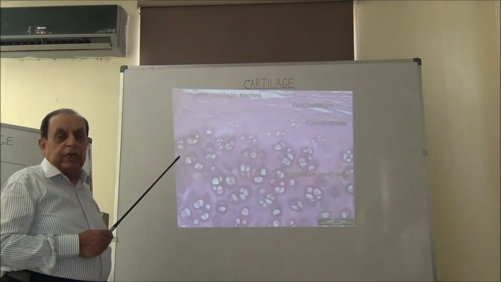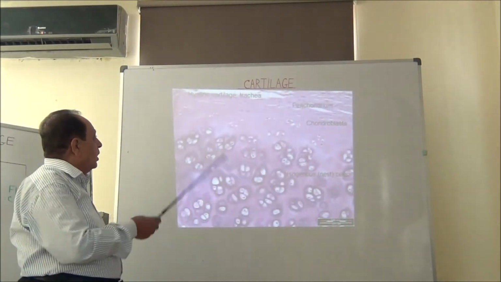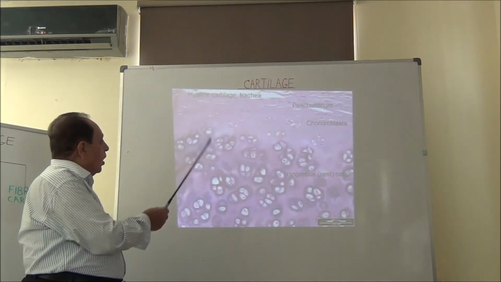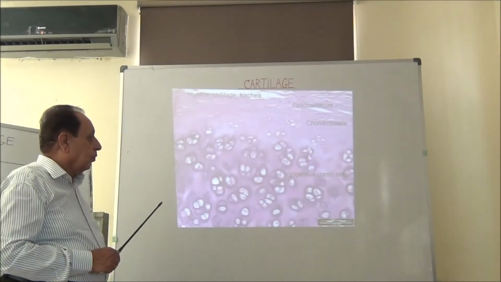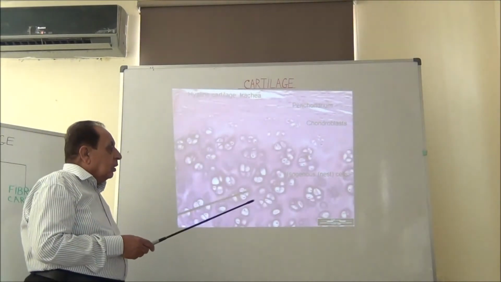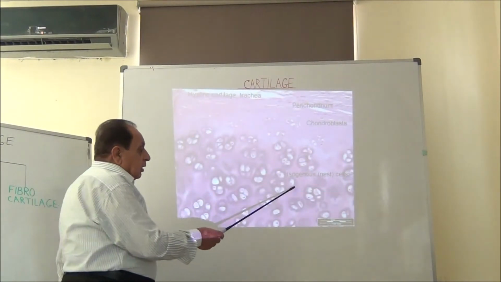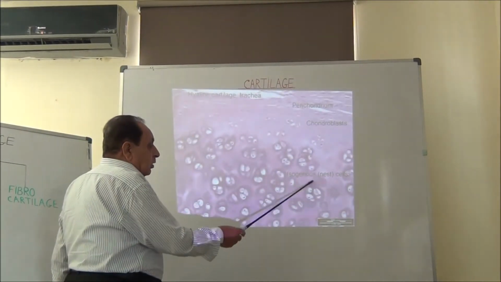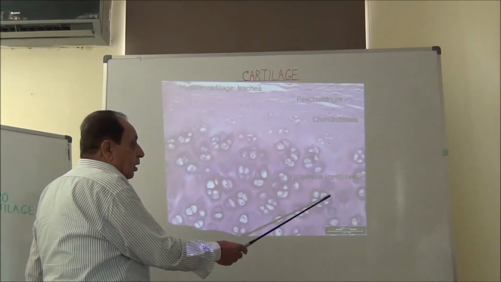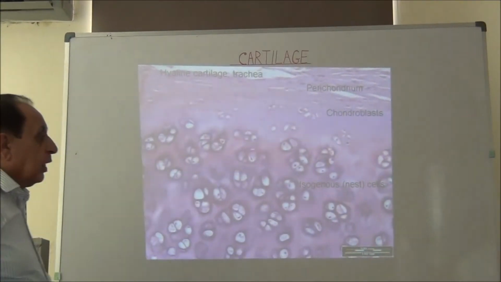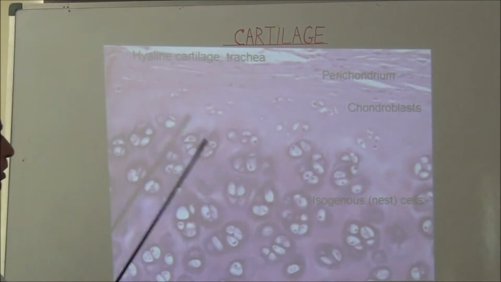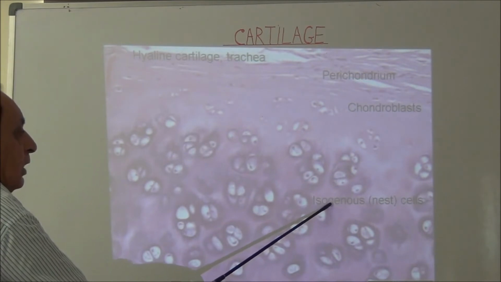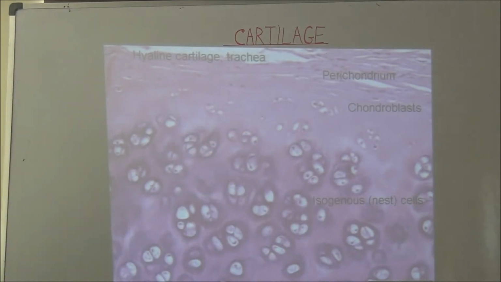Each lacuna contains a single cell or two cells or more than two cells. Now, the cells here in a group of 4 or 5 are called an isogenous group of cells, or they are also called the cell nest.